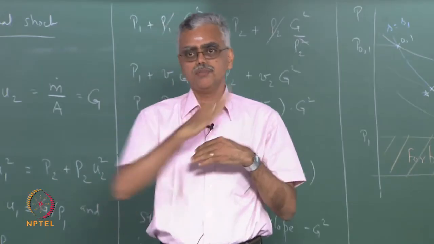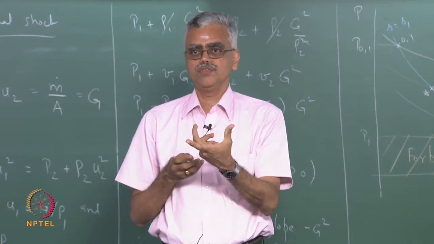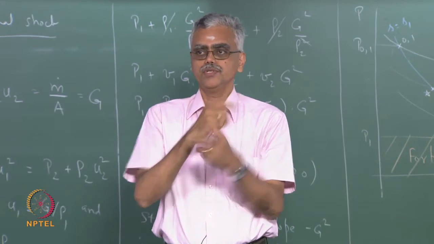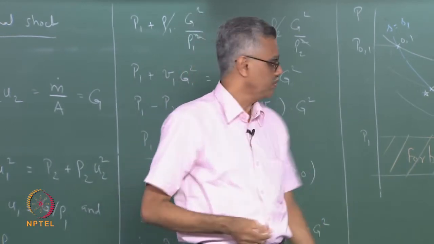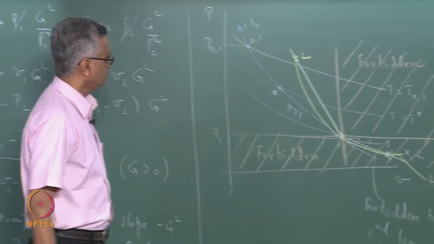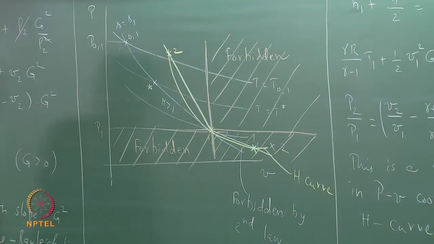Because the H curve is steeper than the isentrope, for a given change in specific volume, I get less pressure in my isentropic compression and more pressure in my normal shock compression because of that. Okay, we demonstrated this the other day. Let us just write it down in words and go on.